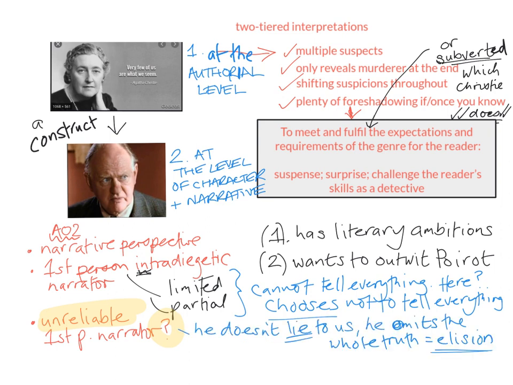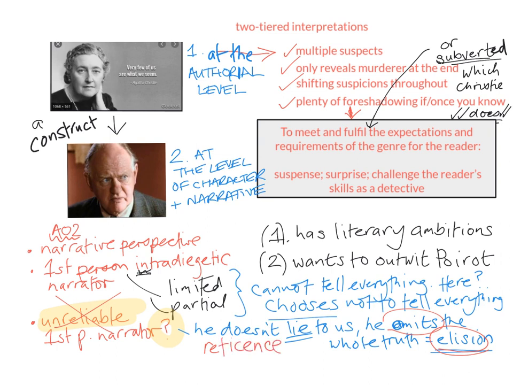He leaves out, okay, rather than has an unreliable narrative point of view, okay? He hints, he suggests, he does have clues in there about the big reveal of himself as the murderer. That's thanks to Christie. But it's not quite accurate to say unreliable. So we were speaking about reticence, and we need to speak about elision. What is left out and not said? That's not quite the same as unreliable.